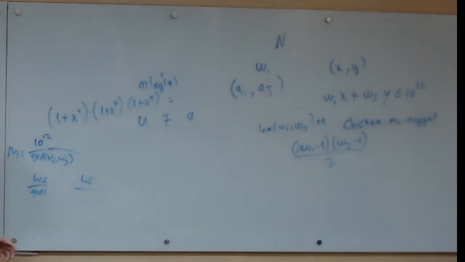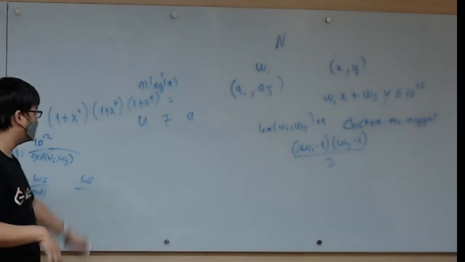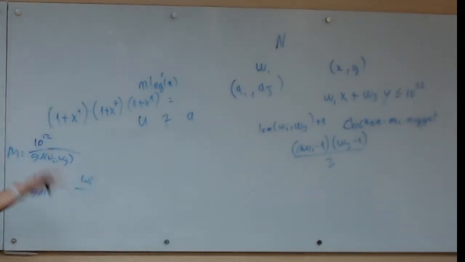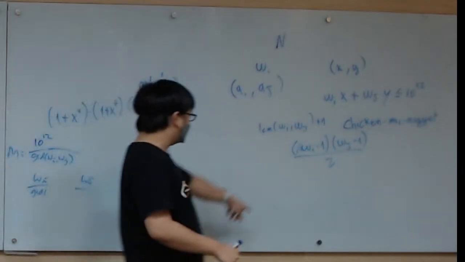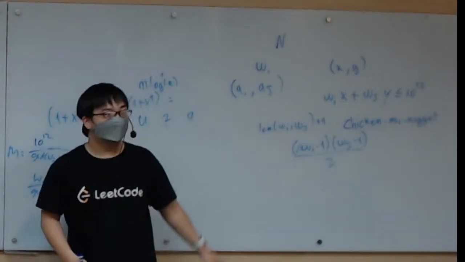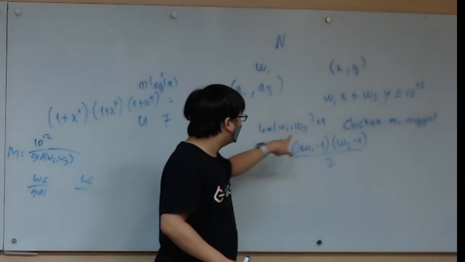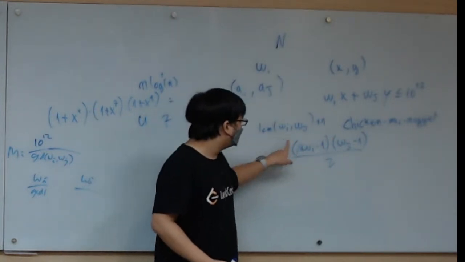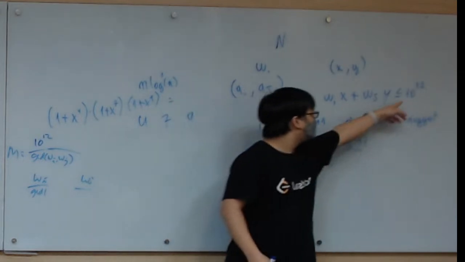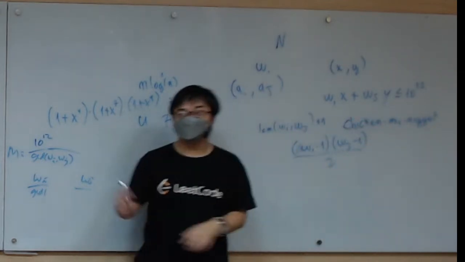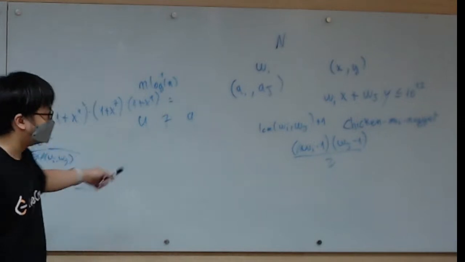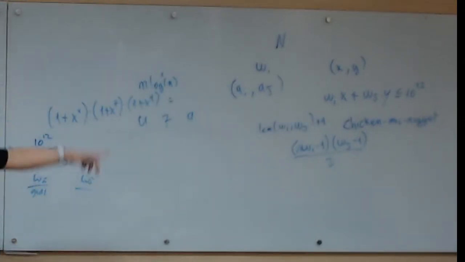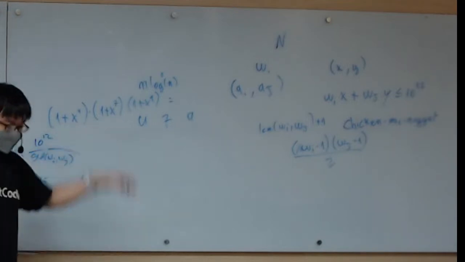So you normalize so that the GCD of Wi and Wj is 1, and then use this formula to get how many numbers you can make below the LCM, plus 10 to the power 12 minus the LCM, the numbers greater than the LCM that you can make, until the bound. And if the GCD is not 1, then take this M minus the LCM.